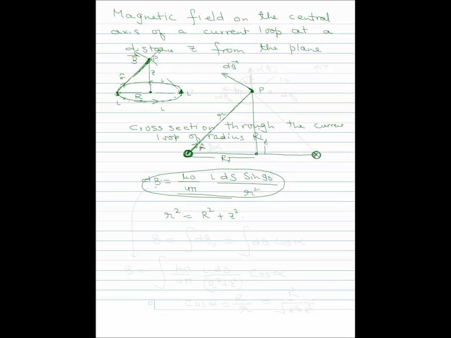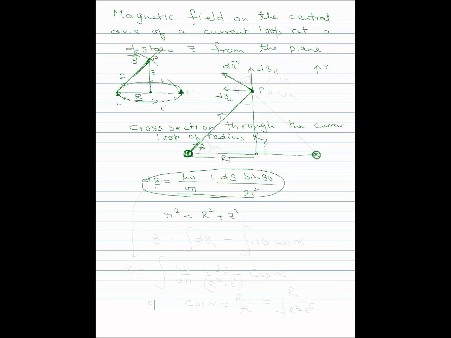So if that's the case, then let's say that if this is our y direction, we can think about two components of dB. One component of dB is along the y direction, which we can call dB parallel, and then there's another component which is dB perpendicular.